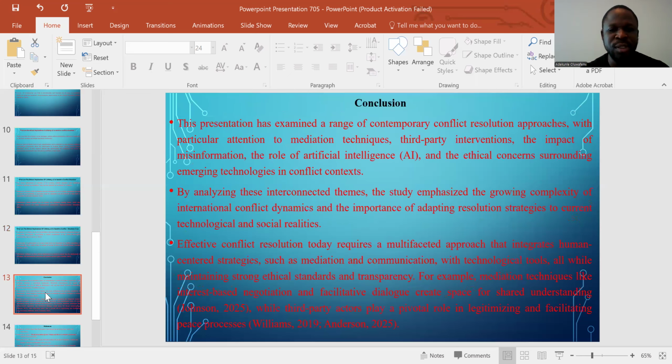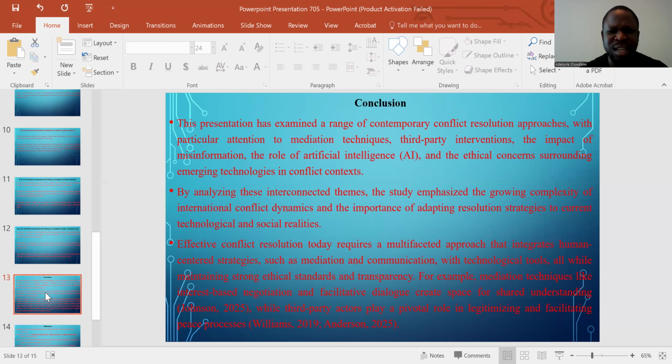So, conclusion. This presentation has examined a range of contemporary conflict resolution approaches with particular attention to mediation techniques, third-party intervention, the impact of misinformation, the role of artificial intelligence, and the ethical concerns surrounding emerging technology in conflict contexts.